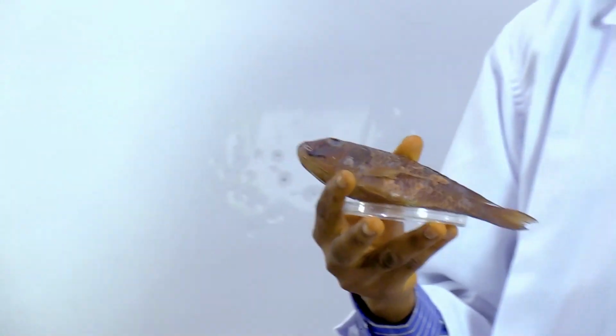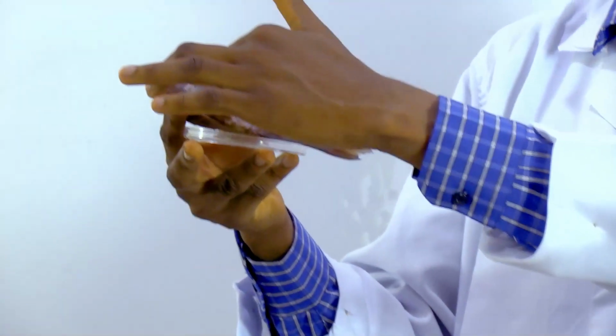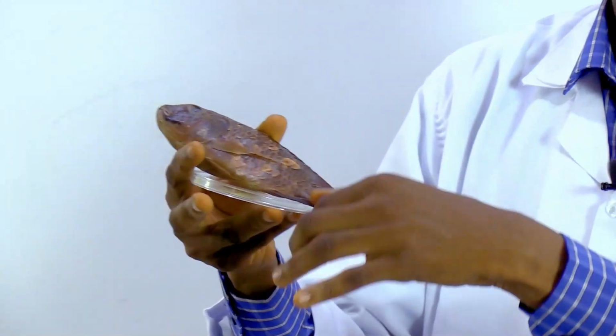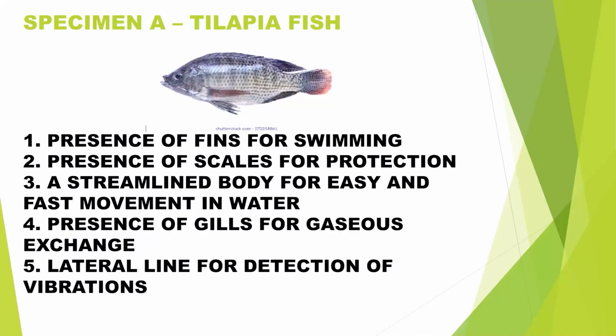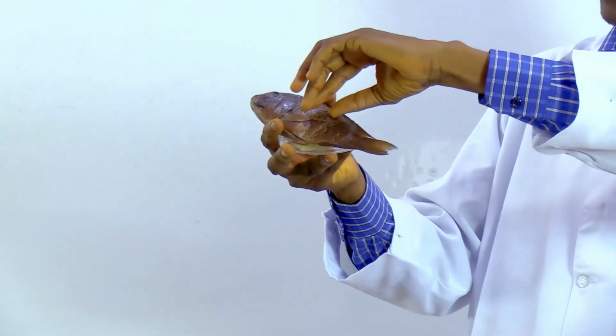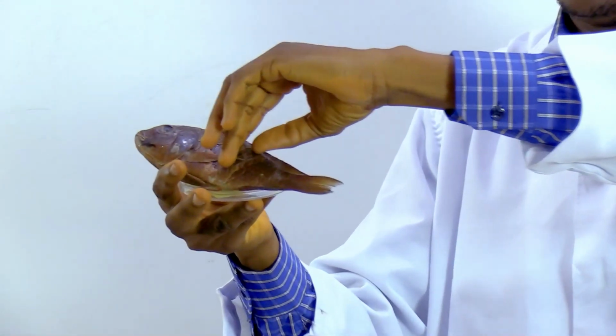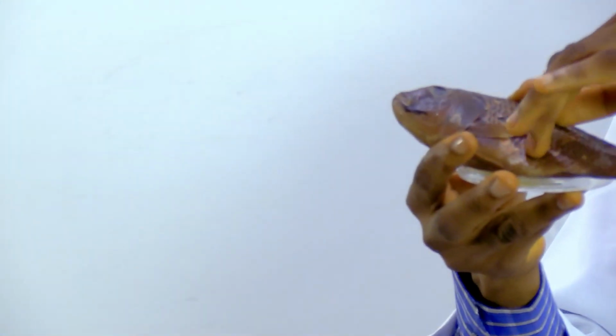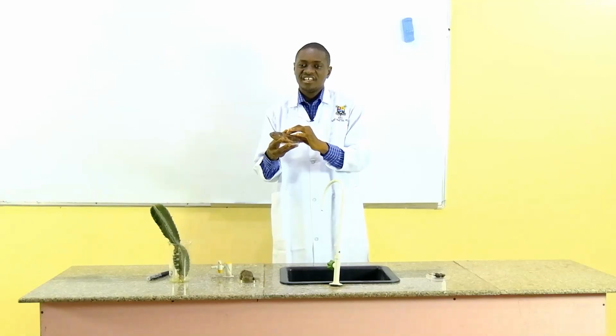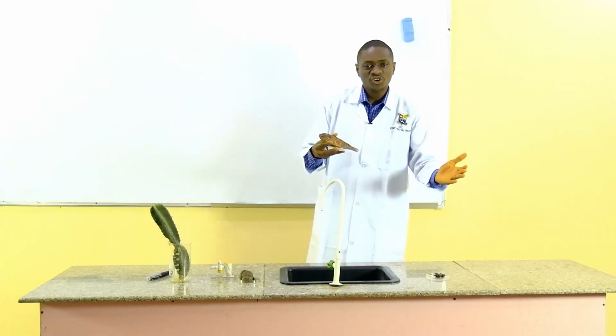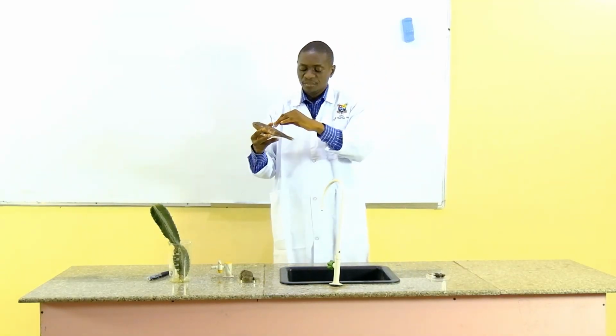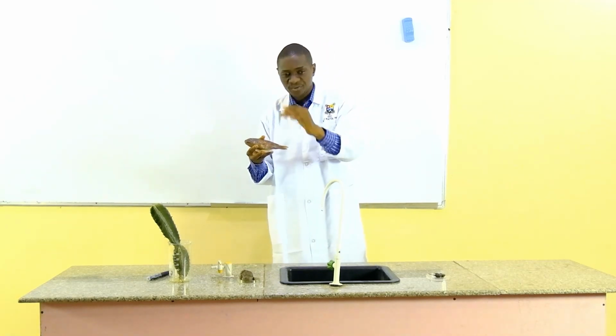It's an aquatic animal, so it possesses all these fins to be able to swim in water. The second point is that when you look at this, you can see it has scales, the presence of scales to be able to protect itself. When you give the feature, you must also give the function. Presence of scales for protection.